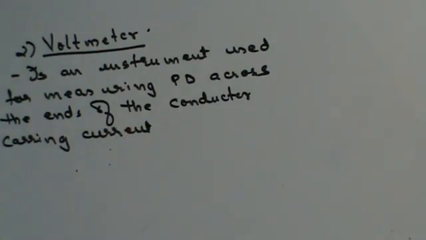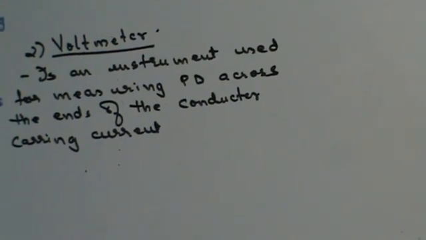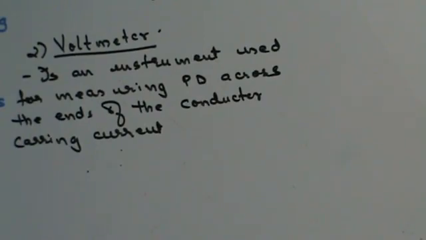Right? That is what the voltmeter is. Now, we know that a voltmeter is going to be connected in parallel. If I want to measure a potential difference, that means the voltmeter has to be connected in parallel.